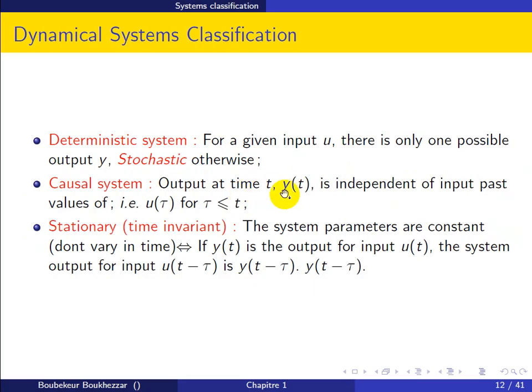So the answer at time t depends only on the input from the past, going back until t, sorry, so we have here the tau that depends on t. So the output doesn't depend on the future.